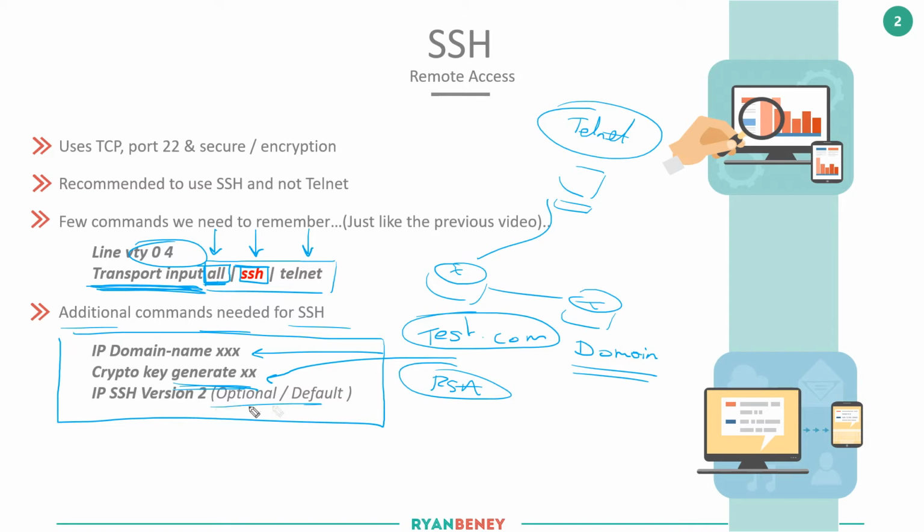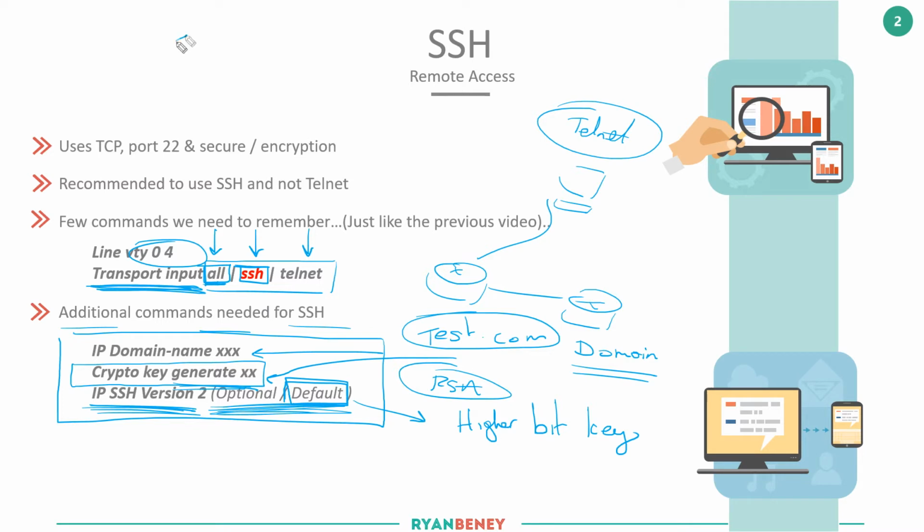Then an optional, and on newer platforms sometimes default, command is the use of ip ssh version 2. But version 2 requires a higher bit key. What I mean is that when you generate your keys, you can choose how secure, or how large, you want those keys.